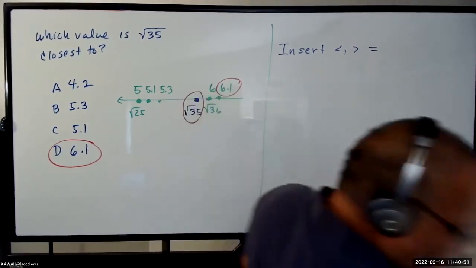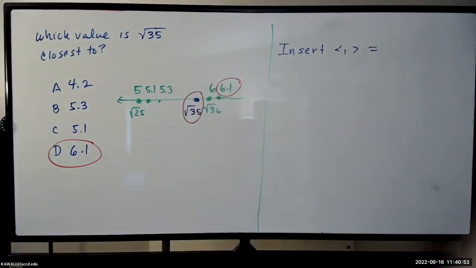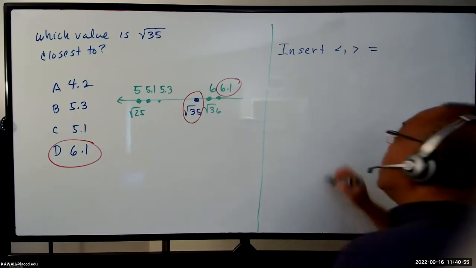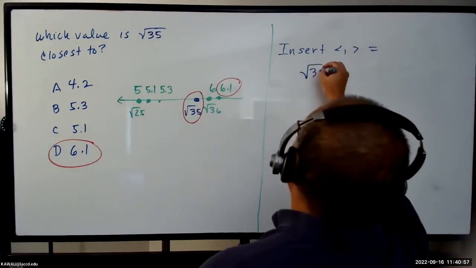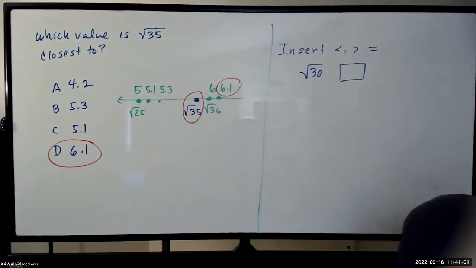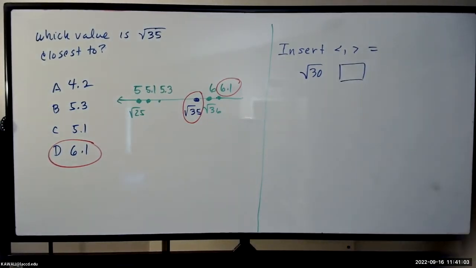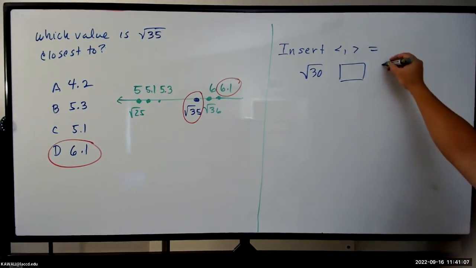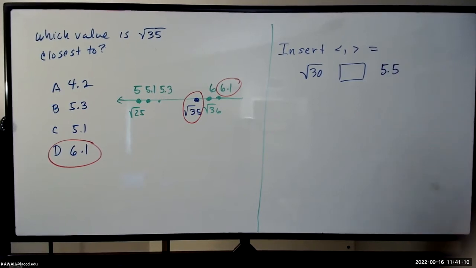I'm going to say square root of 30, and then this is 5.5. Now these numbers are really close.